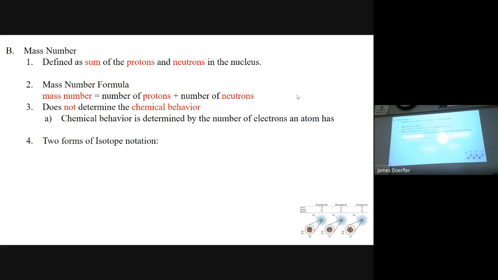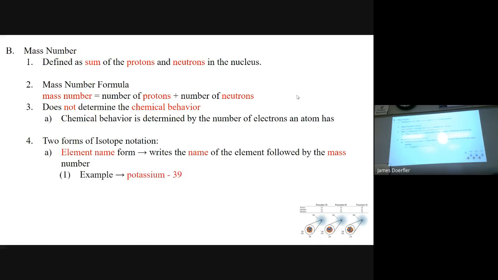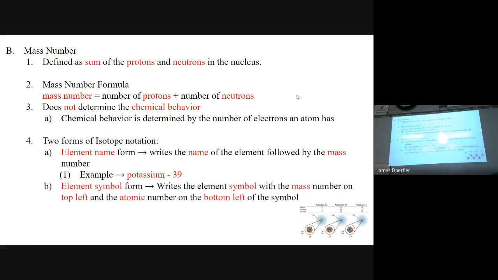So, when we write isotope notation, there are two ways you can do it. You've already seen one, and that is the element name form, where you write the name of an element followed by the whole number of the mass number, just like we saw with potassium 39. The second way is known as the element symbol form, where you write the symbol as it appears on the periodic table for that particular element.